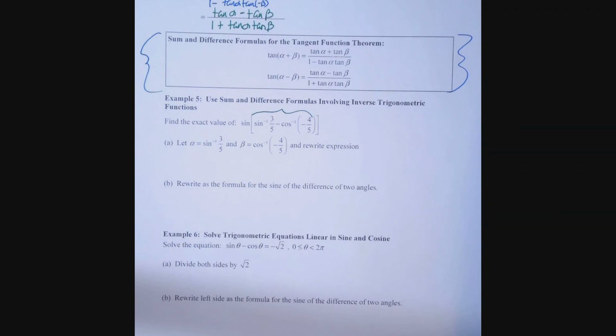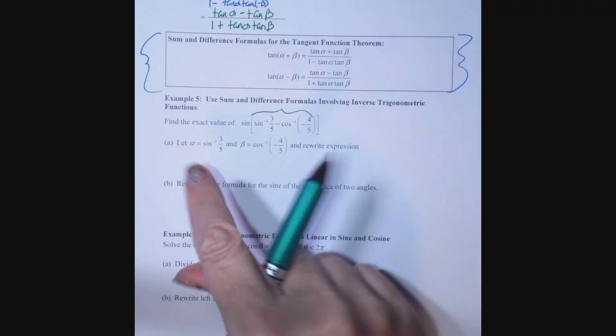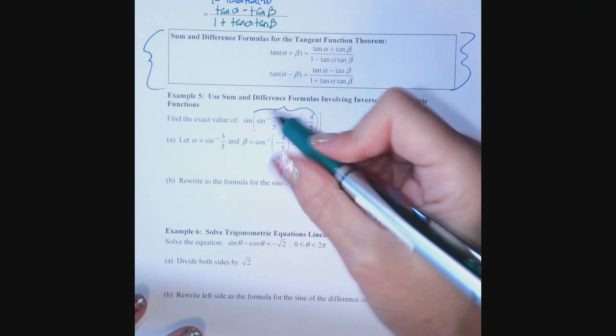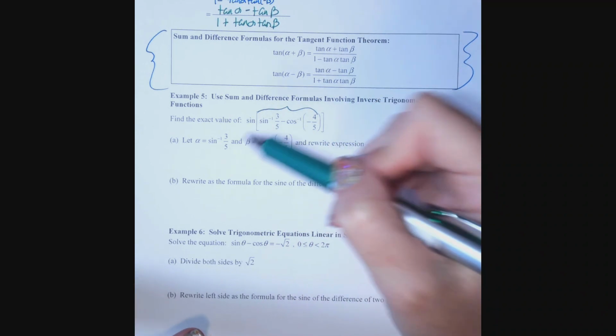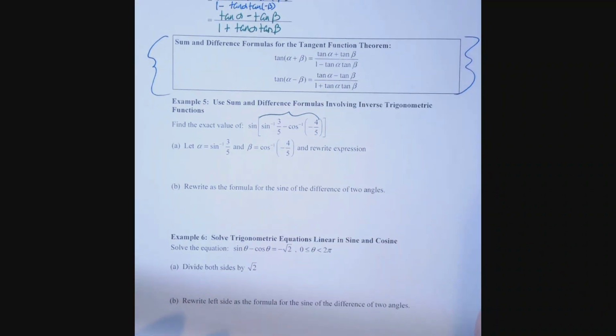So first thing, let alpha be sine inverse of 3/5. So this is alpha. Alpha has a y coordinate of 3 and an r of 5, and we will need x, right? Or we can use, I'm looking at my notes because I think that we do this a little bit differently.